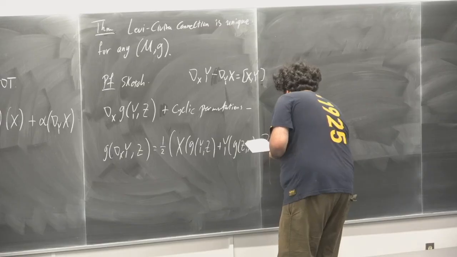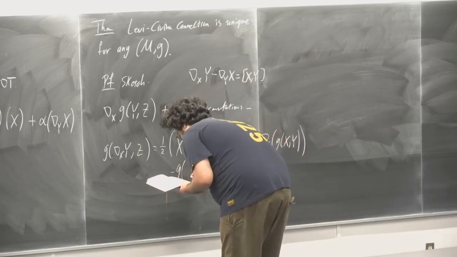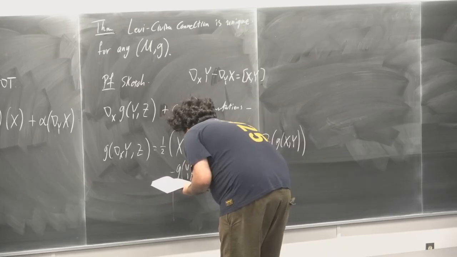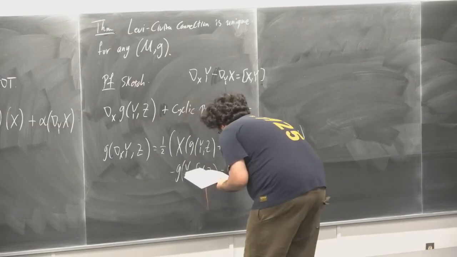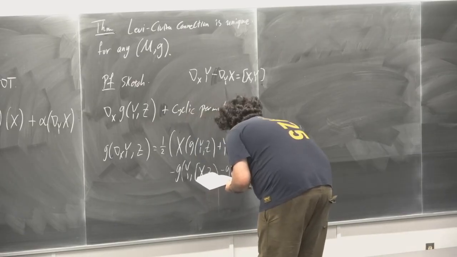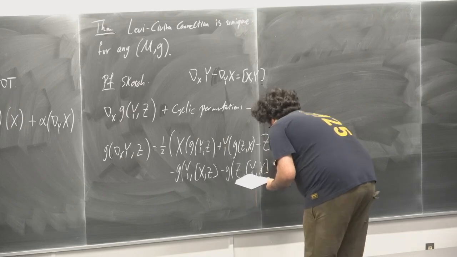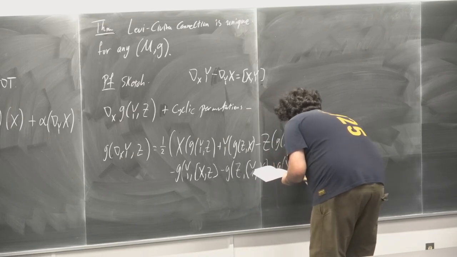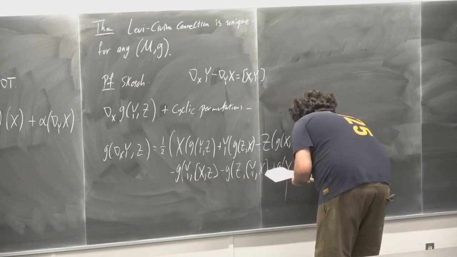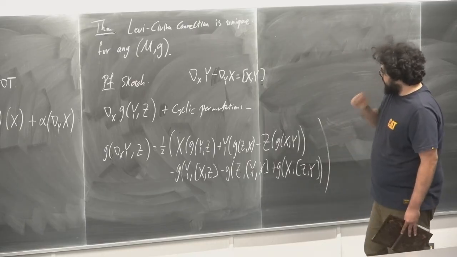This y and this g, minus g x y. Okay. How did we obtain this expression?